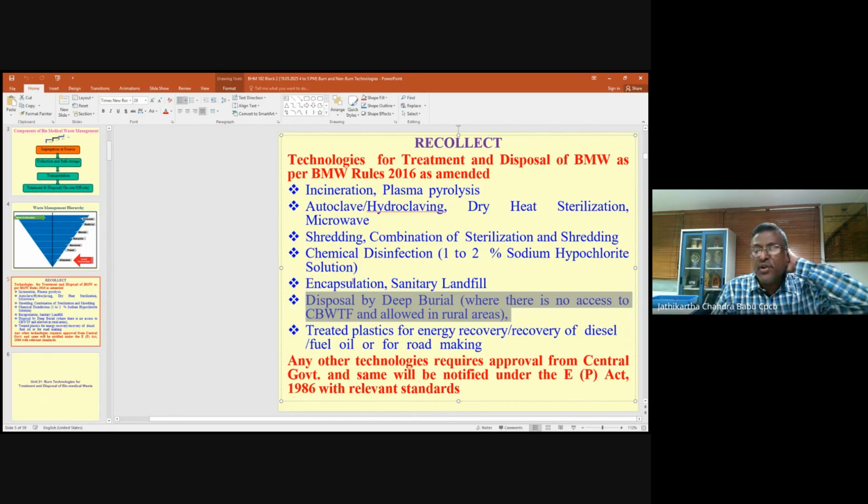The Ministry will examine the proposal, conduct trial runs afterwards, and notify the standard operating procedure for the new technology. Once it is notified, only then can that new technology be adopted for treatment and disposal of biomedical waste. Otherwise, none of the hospitals or common facilities are allowed to adopt any new technologies other than those mentioned under these rules.